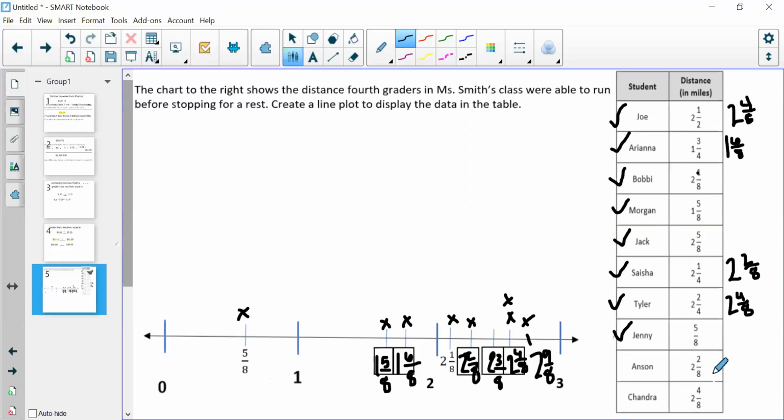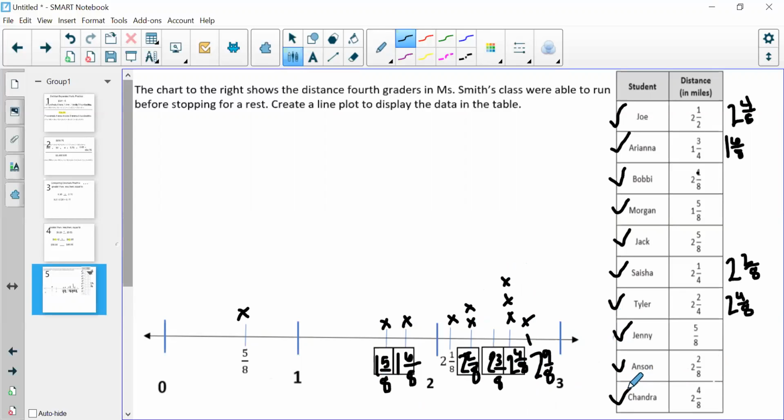Anson ran 2 2/8. So 1/8, 2/8. We already have one there, so we're going to stack it. And last but not least, Chandra ran 2 4/8, which is right there. So 3 people ran 2 4/8. That was the most popular distance.